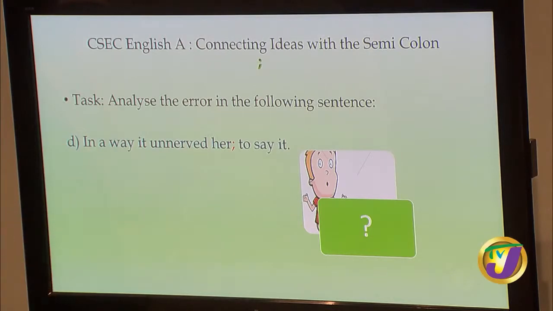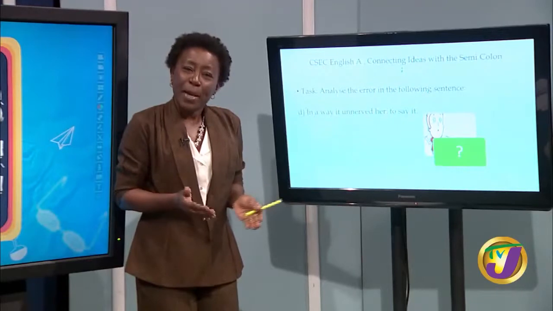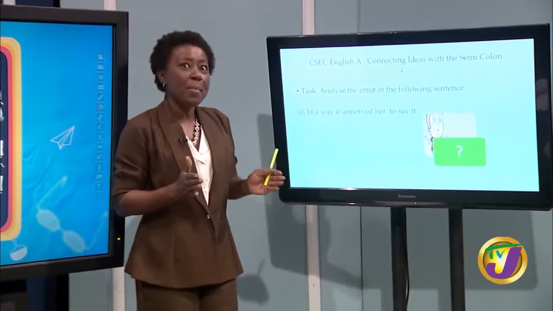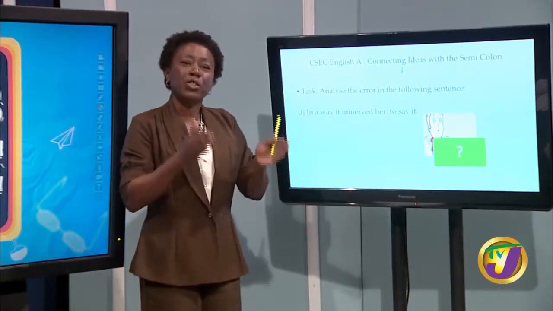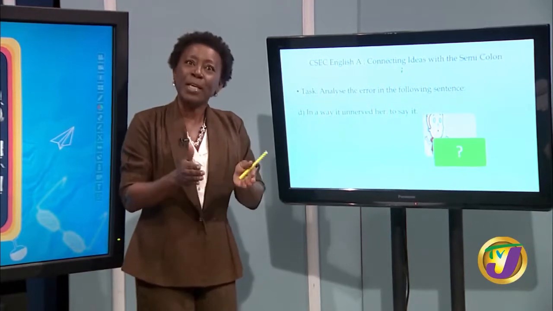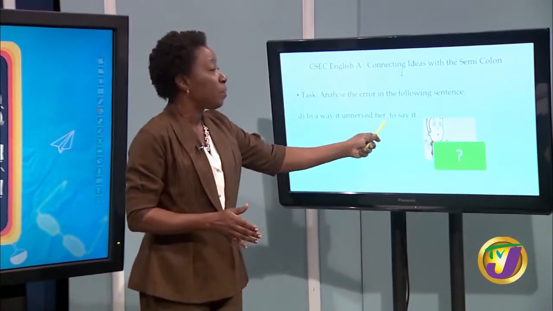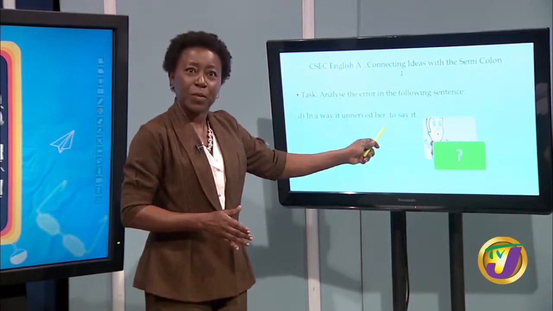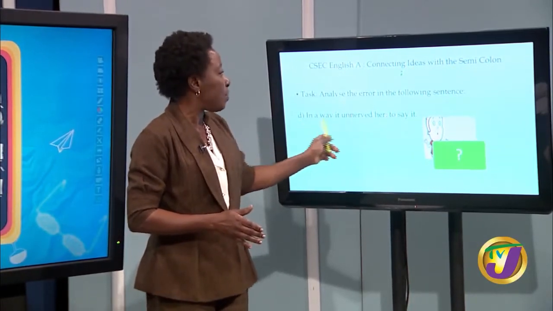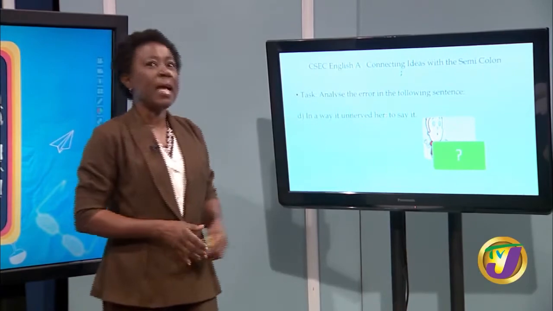Sometimes when you are writing, you put the semicolon as a kind of decorative thing in your work. Remember that the semicolon should be placed between two independent clauses. So with this semicolon, you would lose marks because this statement does not need one.